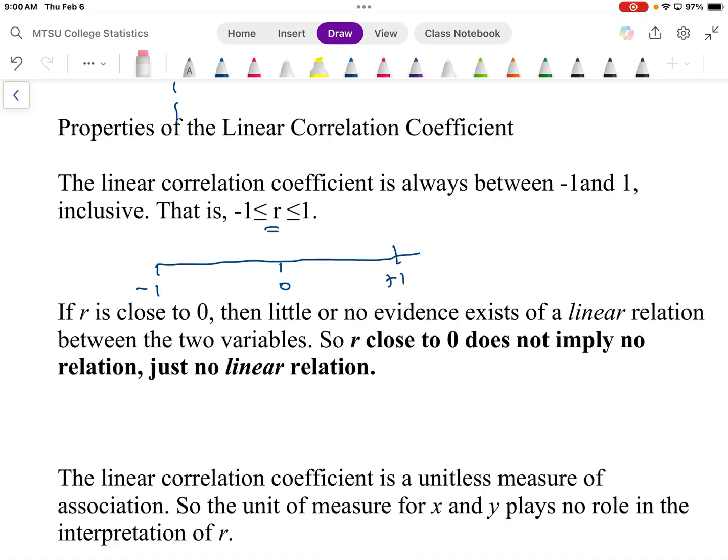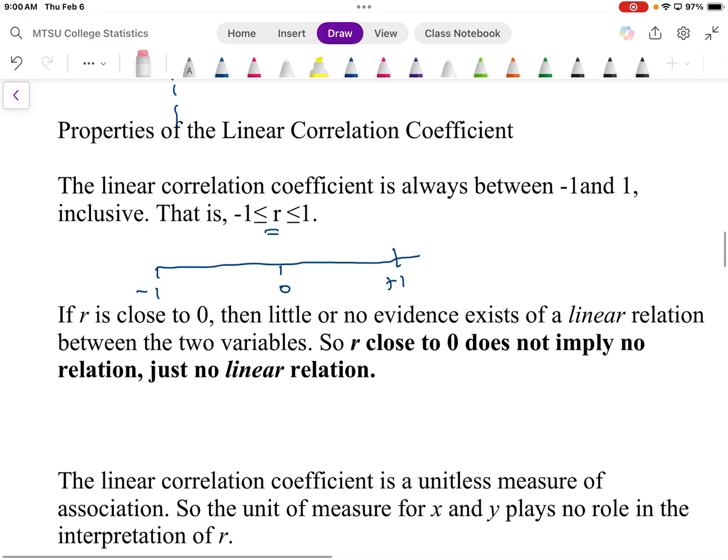In those classes, I usually teach them around -0.7 and +0.7. Anything between the 0.7s and the 1s, we get to use the adjective strong. So we get to say there's a strong positive or a strong negative.